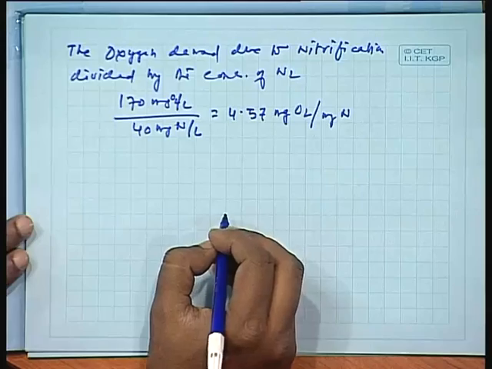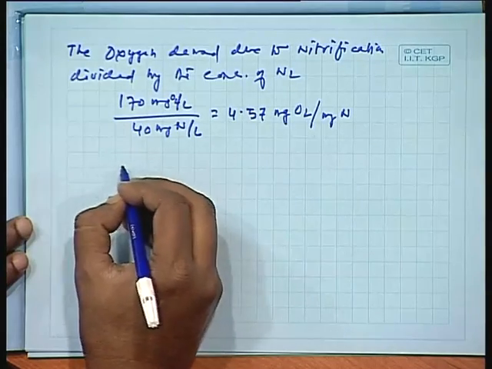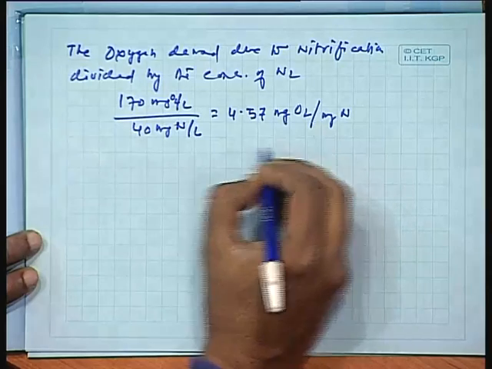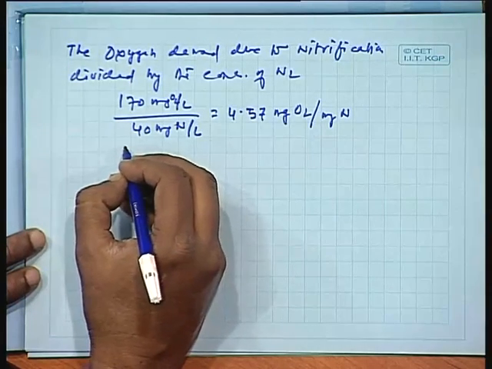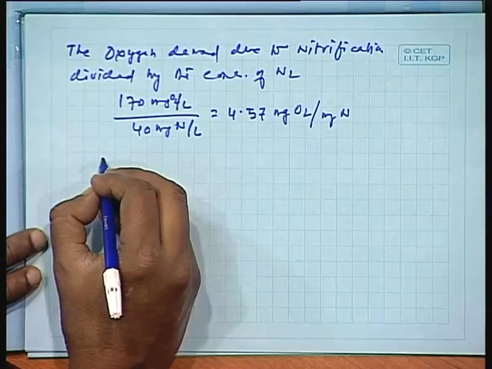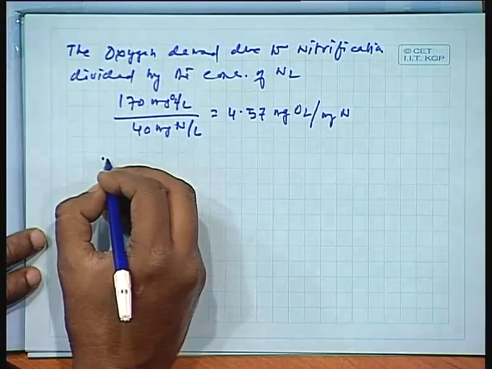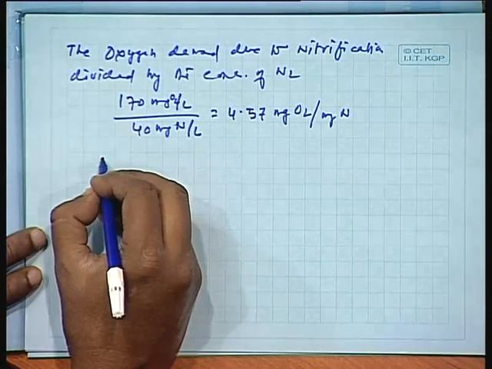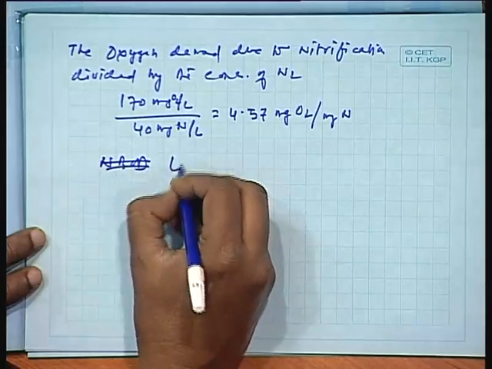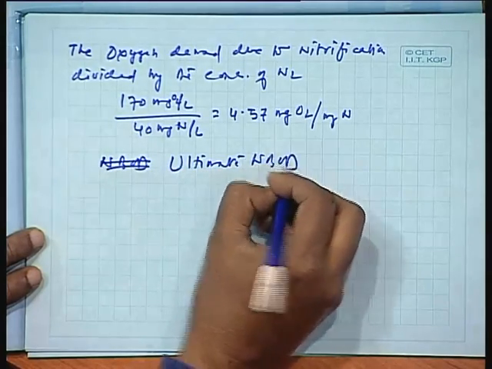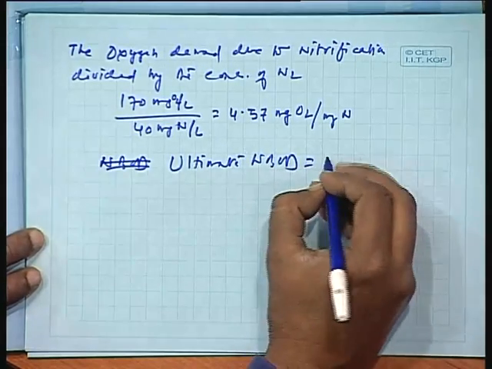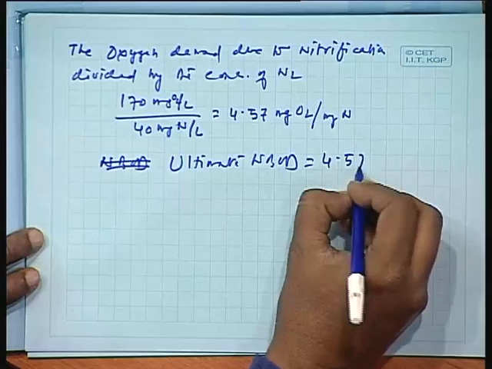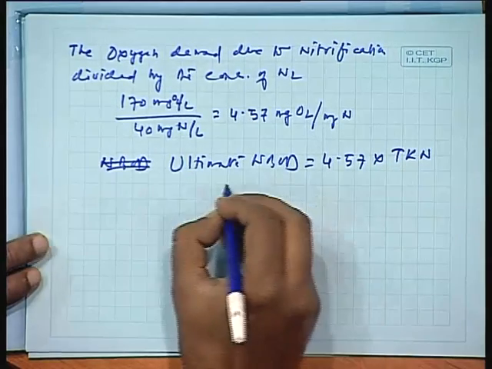This is known as total Kjeldahl nitrogen, TKN. This is the total concentration of organic and ammoniacal nitrogen. So the ultimate NBOD would be generally known as 4.57 into total Kjeldahl nitrogen, TKN.